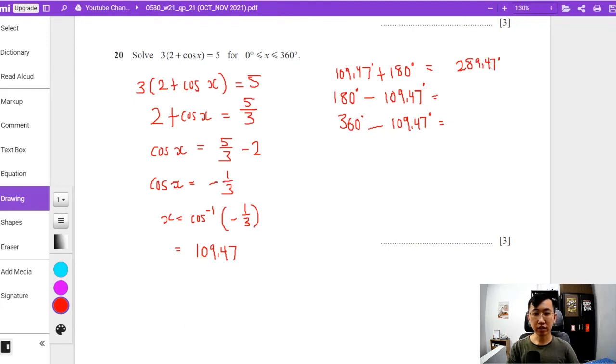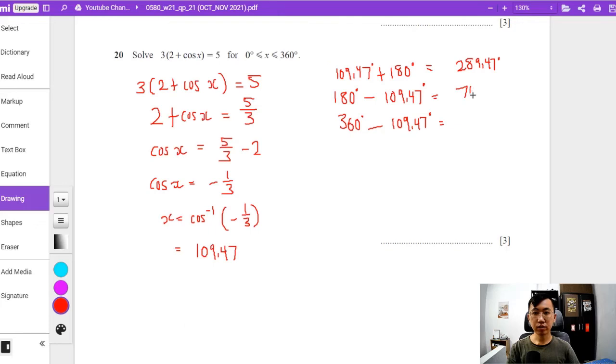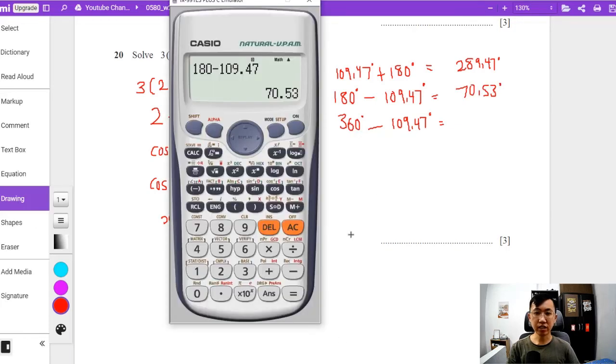Next, I'm going to check the second one. 180 minus 109.47. Click on this button, 70.53. The last checking is 360 minus 109.47.